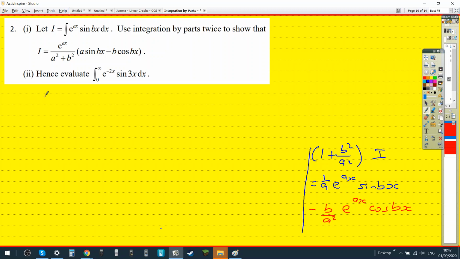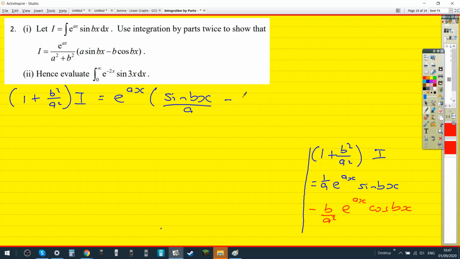Okay, so sine bx over a squared, e to the ax. Sine bx over a. We had 1 over a, didn't we? Yeah, that's sine bx over a. Oh, sorry, if you multiply them, yes, sorry, because we're trying to make it into a fraction.